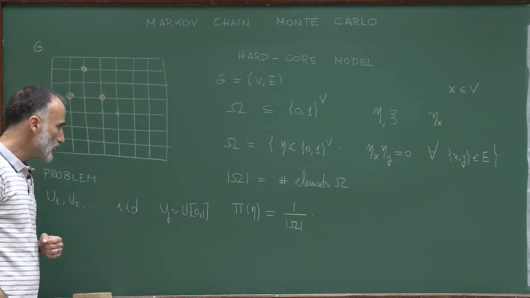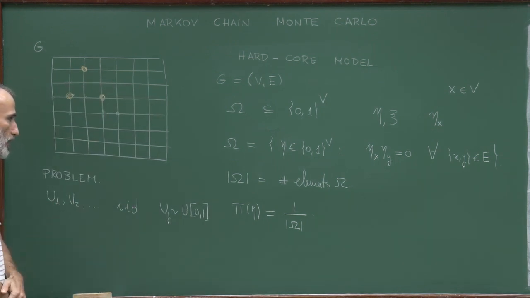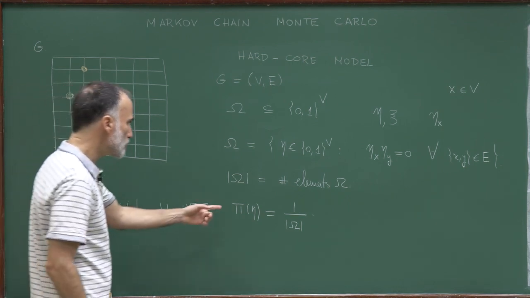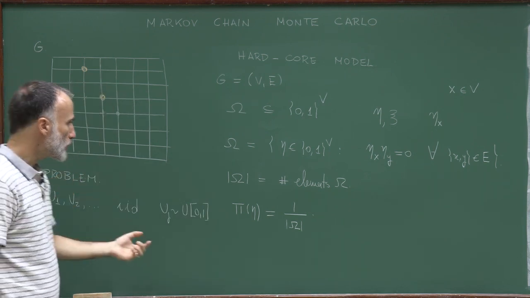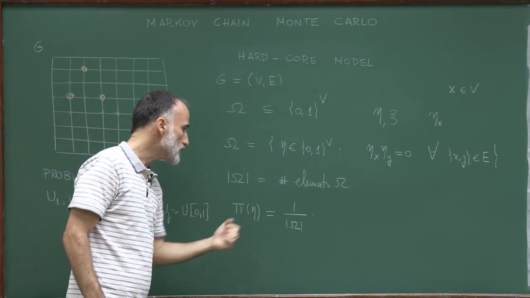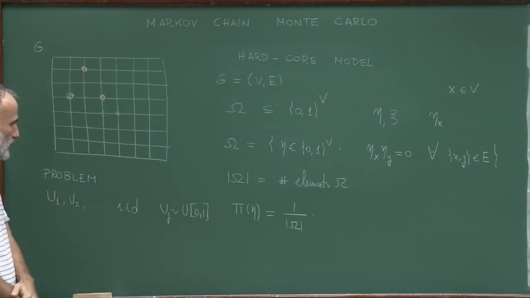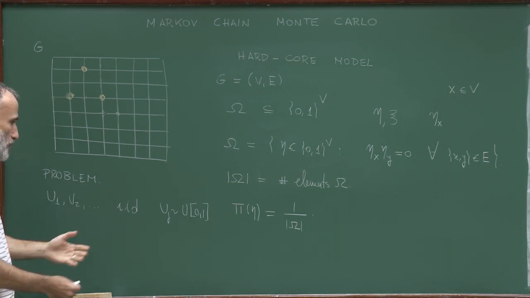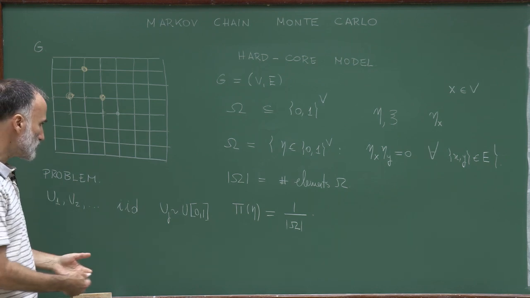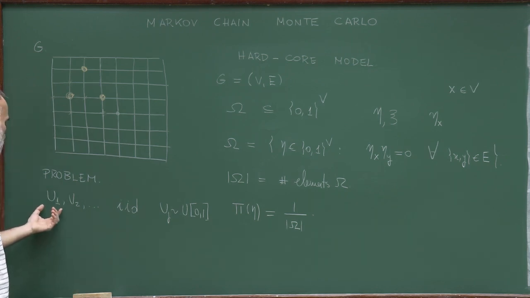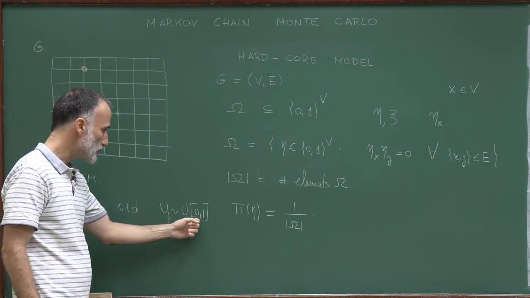So you are given this sequence of IID variables, and what I want you to do is to give a sequence of configurations whose distribution is given by this measure pi. Your computer is able to create random numbers, and from these random numbers you have a reasonable approximation of a uniform distribution.